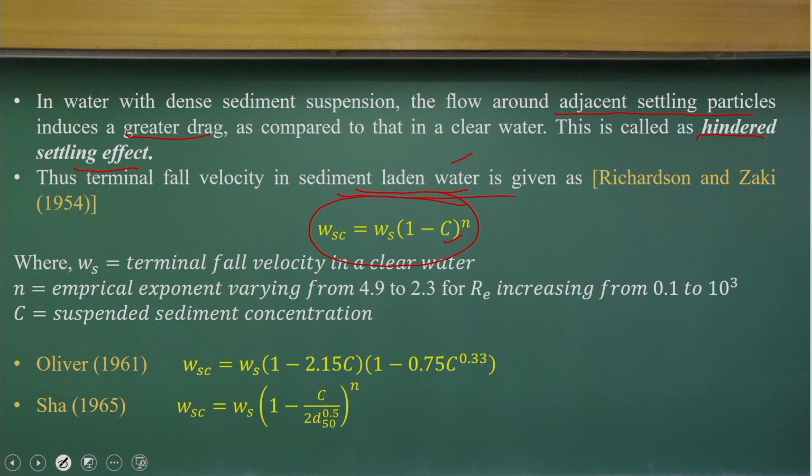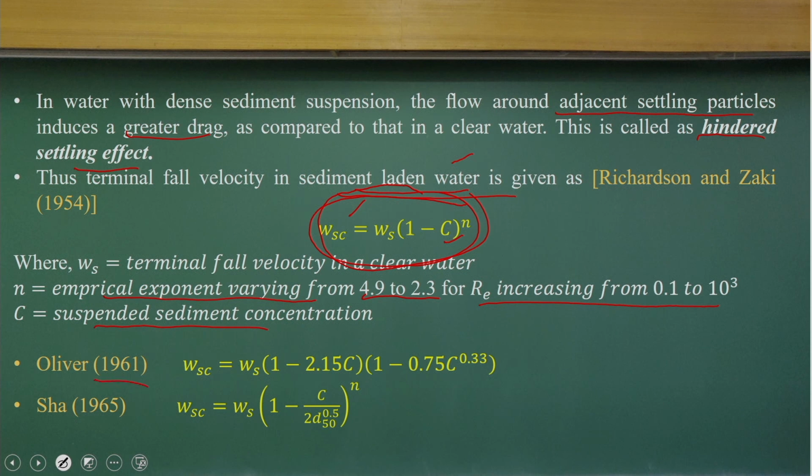The more the sediment concentration, the less this velocity component, because more drag force is committed. That's the reason we have experimental proof in these equations, which is (1 - C)^n, where n is an empirical exponent which varies from 4.3 to 2.3 as the Reynolds number increases, and C stands for suspended sediment concentration.